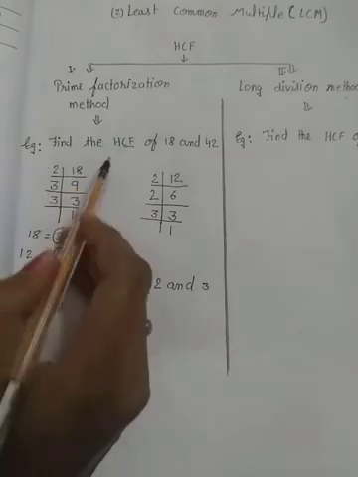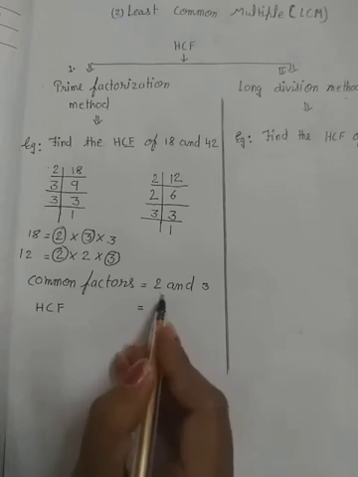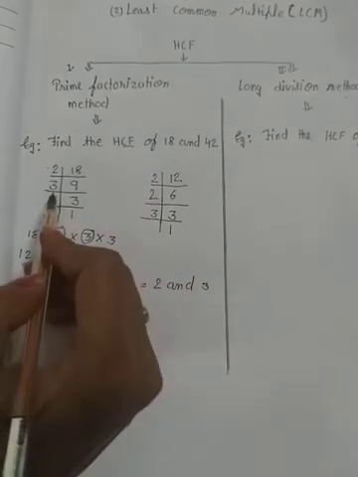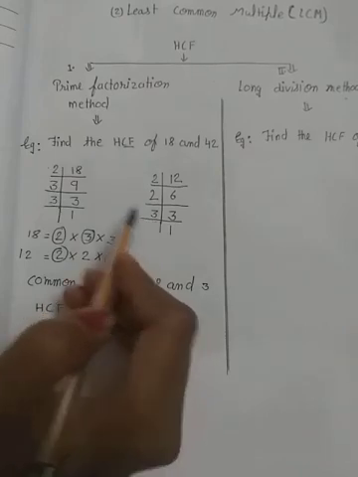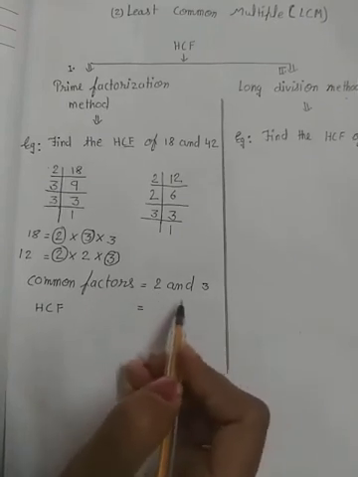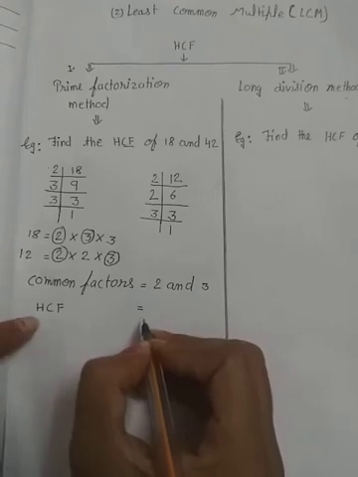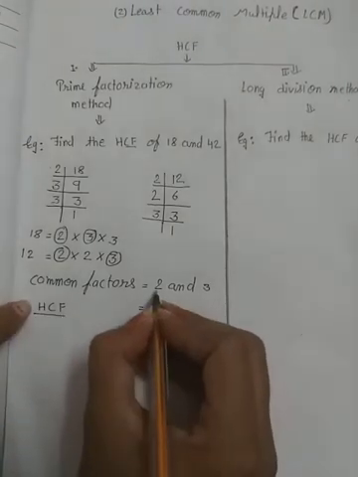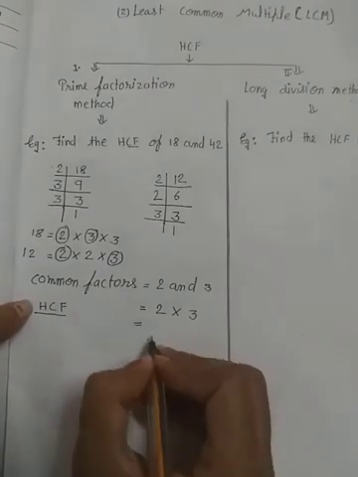To find the highest common factor, we have to multiply the common factors. We have 2 in both and 3 in both, but we have only one 3 in common. So 2 and 3 are the common factors. We multiply 2 and 3 and find the product. 2 threes are 6.